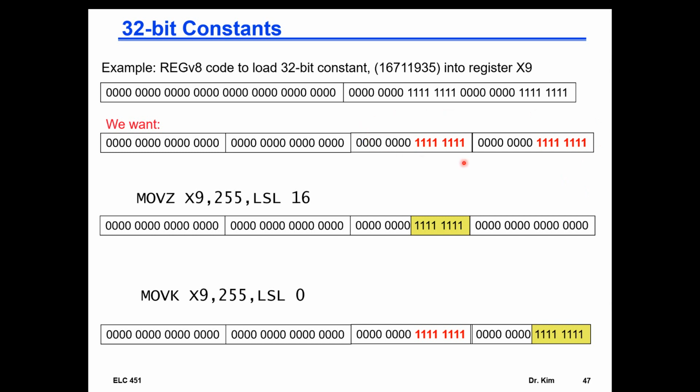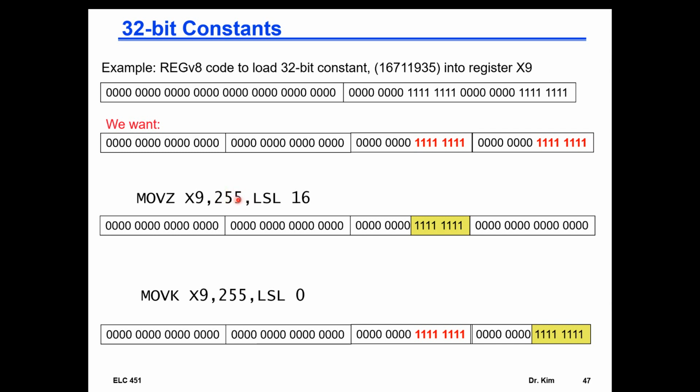this 32-bit constant in register 9, and we know that the registers are 64 bits. So the first thing that we could do is to move an immediate value.